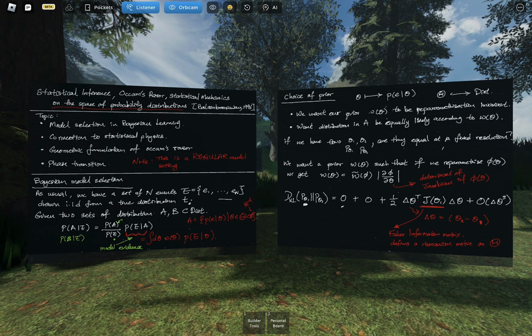very important point. It doesn't work if J of theta is singular. So it doesn't work in neighborhoods where theta is singular.